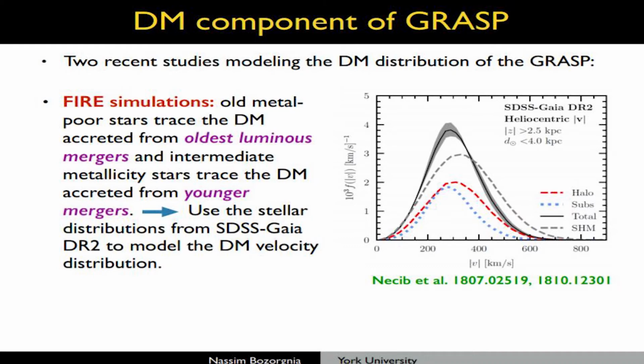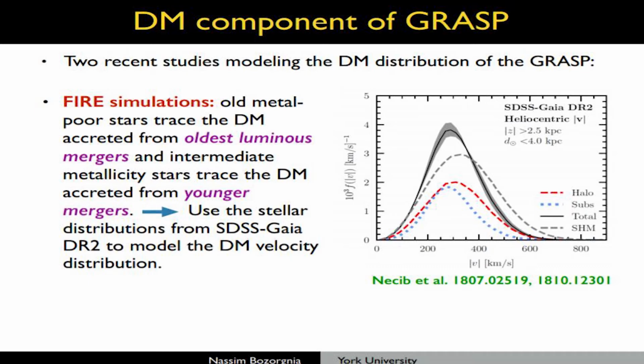So based on this tracing of the dark matter by the stars, they can go to Gaia data, and they can extract the stellar distributions of these two different populations, and they can build a dark matter distribution based on the stellar distributions.